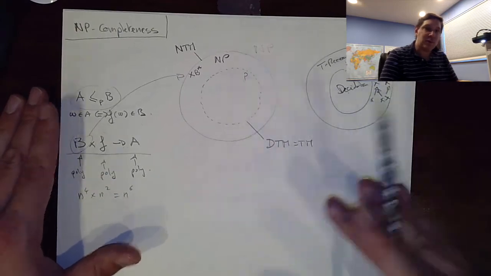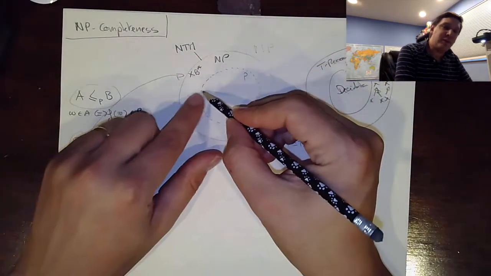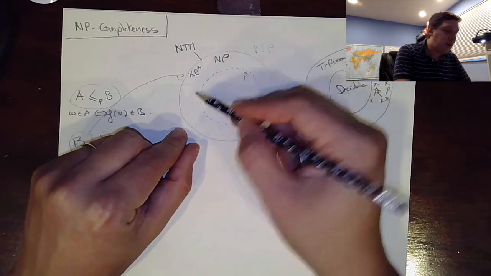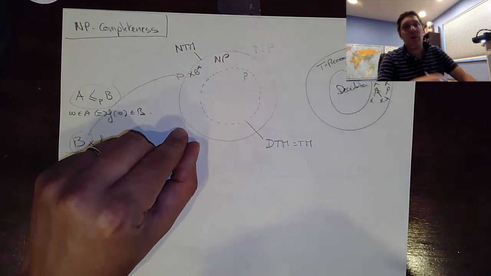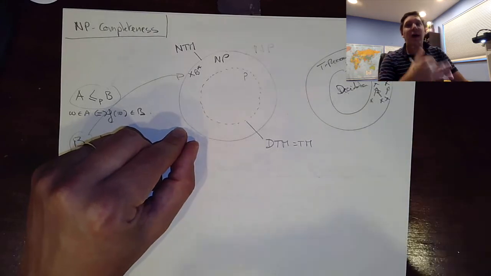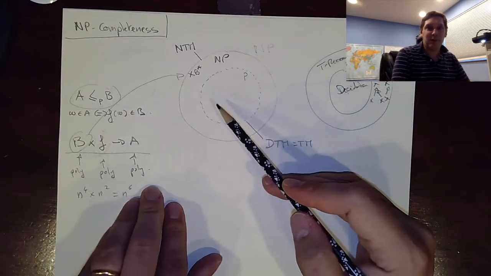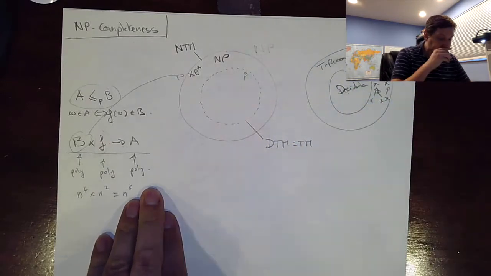Here, we're trying to find a problem. The way we're trying to solve the problem of finding the extreme problems, the ones that are in the outer circle, the way we're going to do it is by saying, let us find a problem that is so hard that once we solved it, we have the power to solve everything else here in polynomial time. And that's the definition of NP-complete, right?